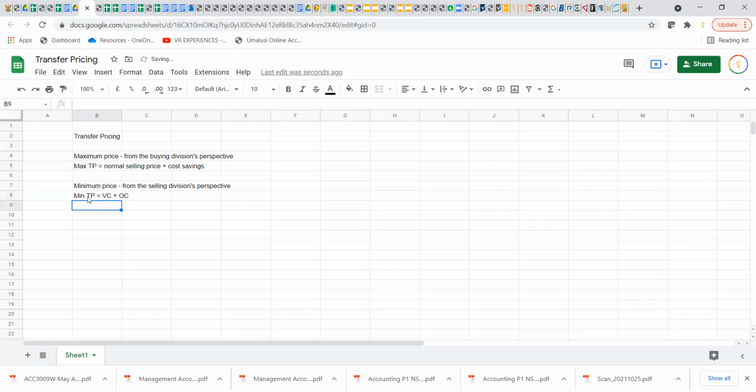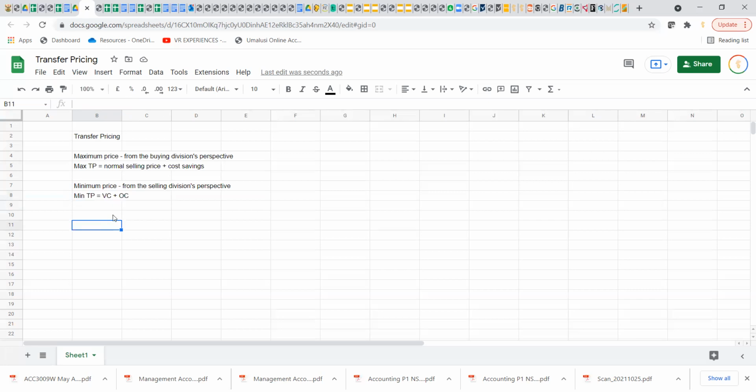You always write this down: minimum transfer price equals variable costs plus opportunity costs. We'll discuss what is variable cost, and we'll discuss what is opportunity cost.